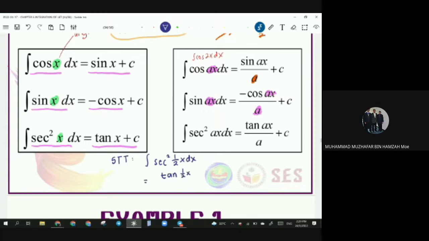And then over a. Our a here is 1 over 2. So plus c. Alright, and then simplifying the 1 over 2 in the denominator, our final answer becomes 2 tangent half x plus c. So actually the correct answers are from Aina, Syaura, Faris, Hazira and Farid.